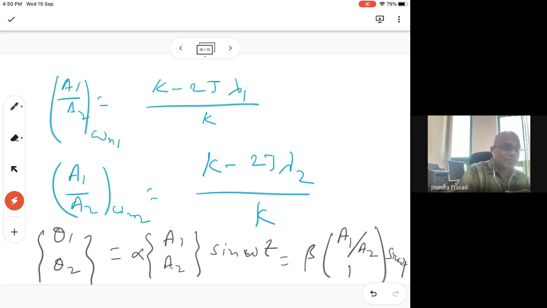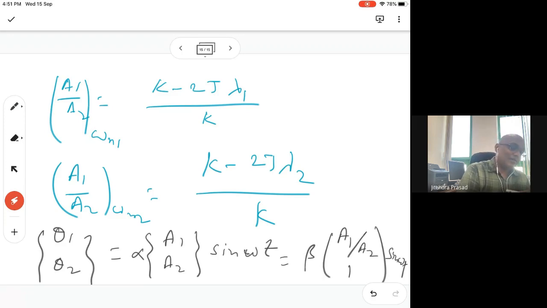Either you can write A1, A2, but we know that A1, A2 we cannot find out exactly. But we know that both will be in a particular ratio. A1 over A2 is a certain number, so we can write beta multiplied by A1 over A2 and 1. If you divide by A2 to both of them, then theta 1 is A1 over A2 and theta 2 will be 1, and this is the first mode.